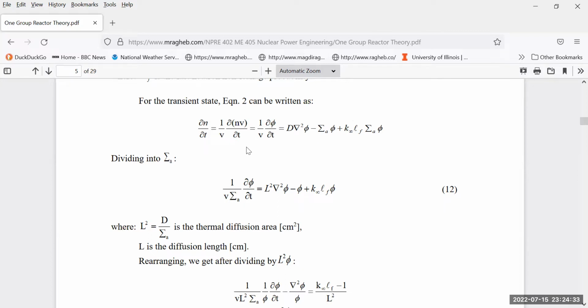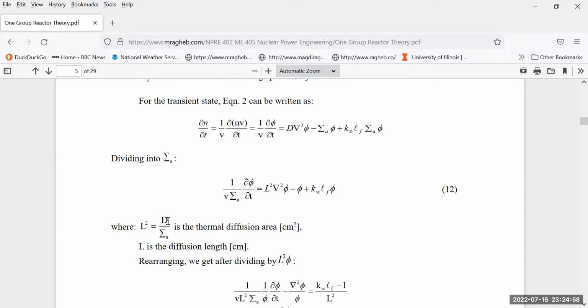Let us simply take these two parts of the equation and divide by the speed of the neutrons, v here, and divide by sigma sub a, which is the macroscopic absorption cross-section. So in that case, you end up with D divided by sigma a.